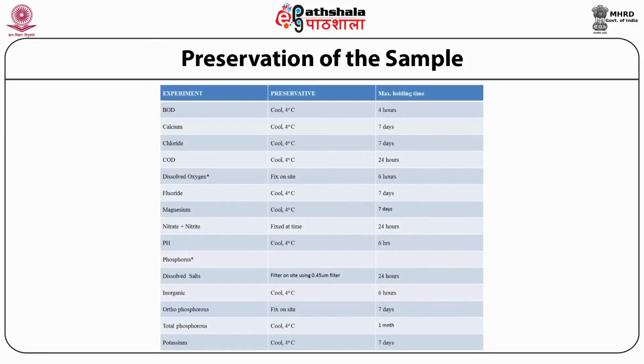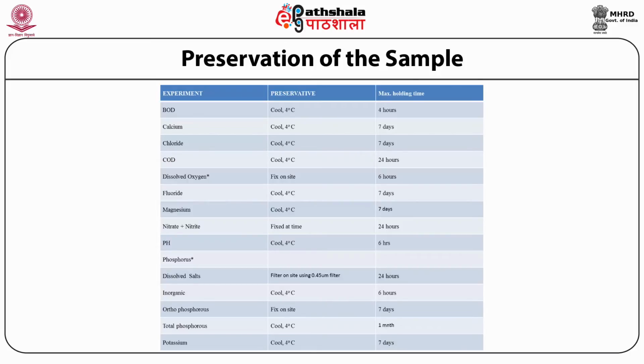Here is the table which shows the various preservation methodologies that we follow prior to the analysis. For example, for the BOD determination, we have to keep the sample at 4 degrees centigrade and the maximum holding time is 4 hours. It means we have to determine the BOD within 4 hours after collection of the sample, and after that the quality of water or the organic content of water could change.